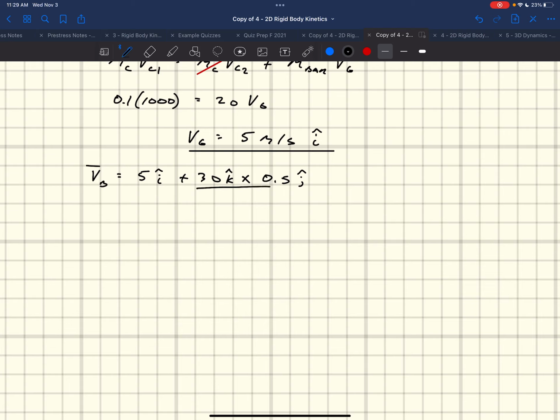Right, this just becomes k crossed with j, negative i, negative 15 i. And so my answer is negative 10 i meters per second.